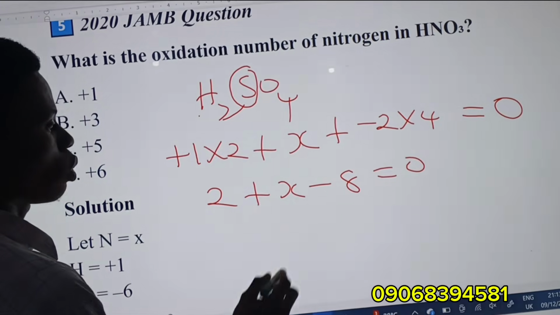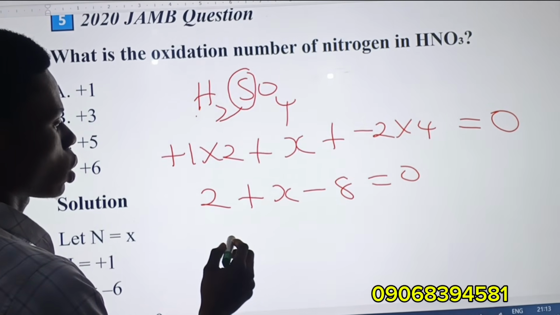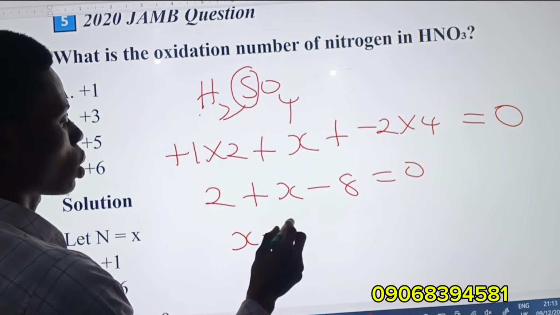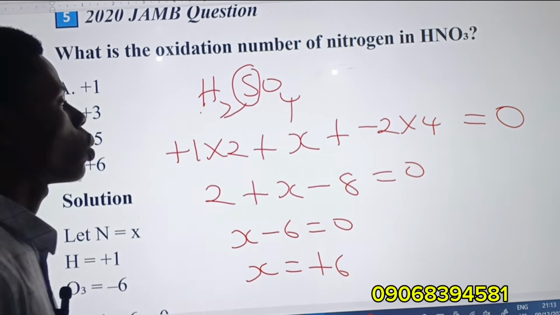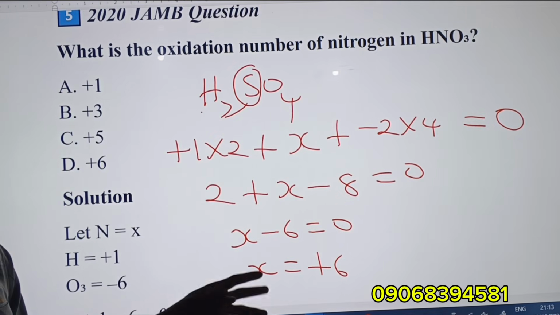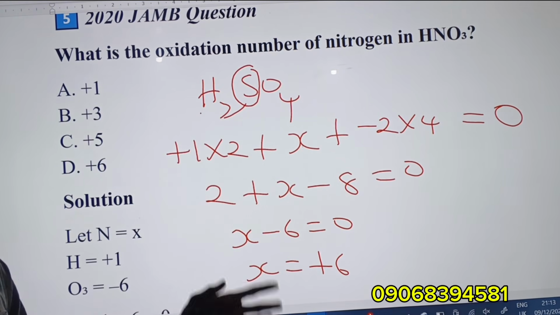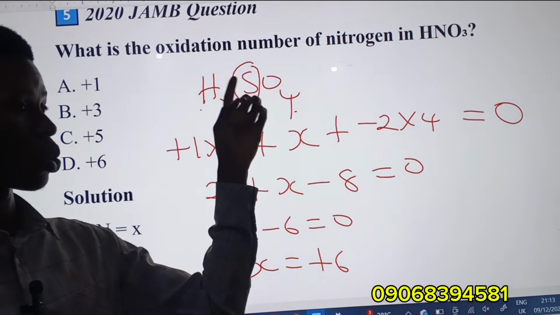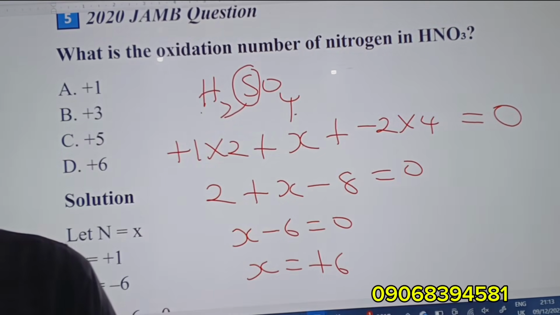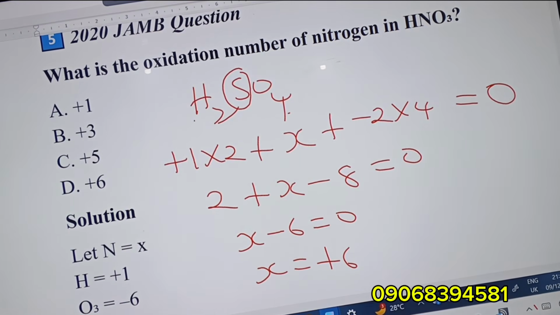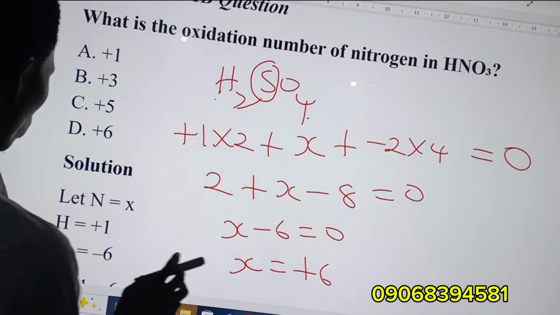So we'll be having 2 plus x minus 8, so x minus 6 equal to 0. So x is equal to +6. So the oxidation number of sulfur there is 6. That's why we say hydrogen tetraoxosulfate(VI). Do you understand that? Alright, we're going to move on to the next one.